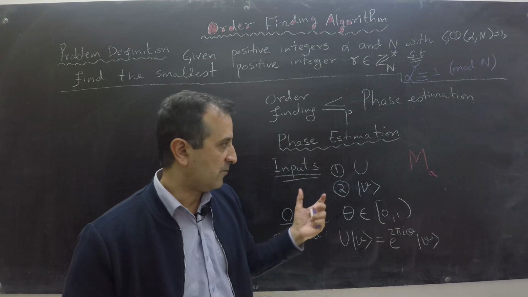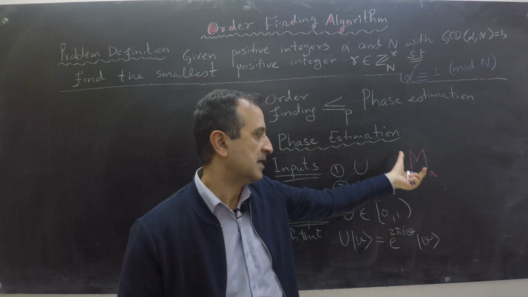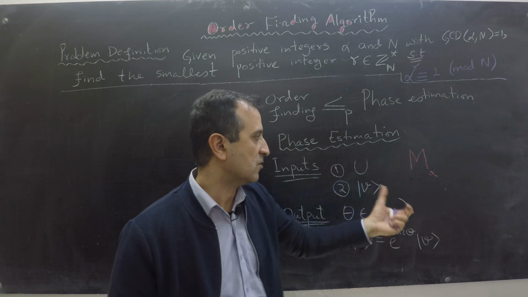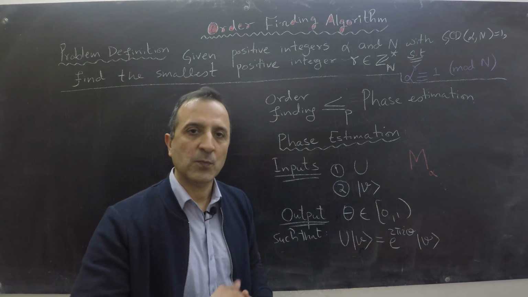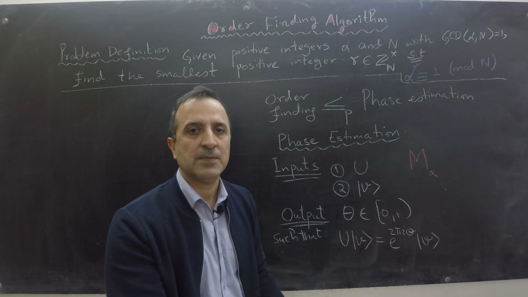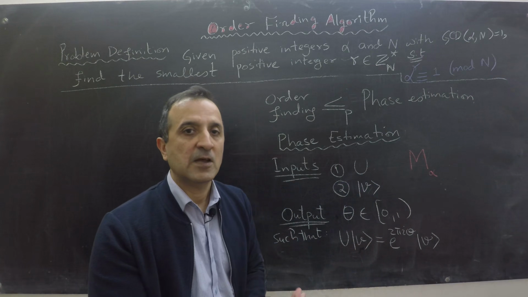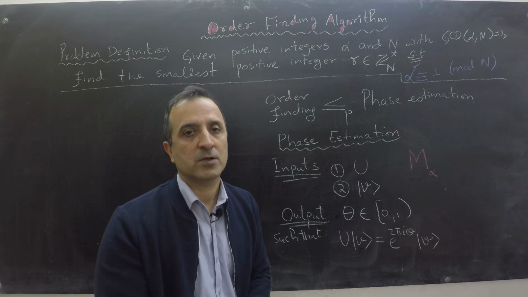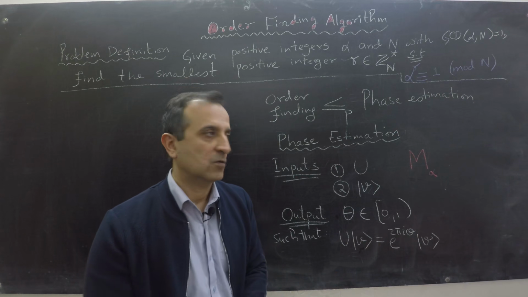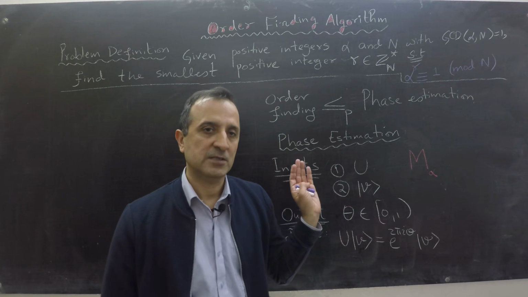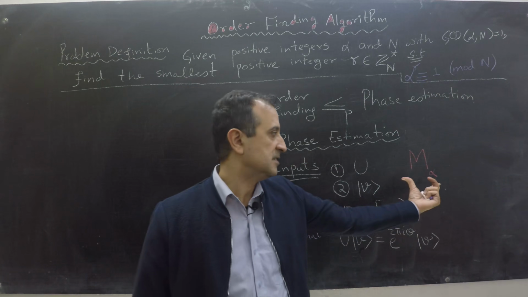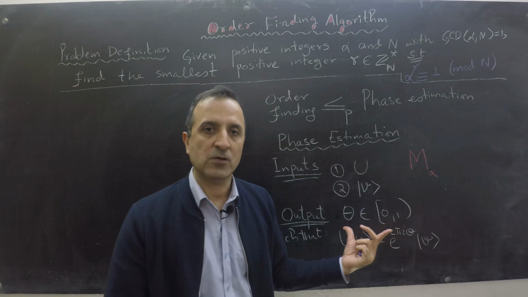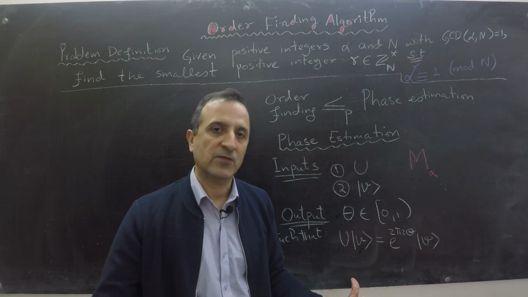So we will give that unitary matrix and its eigenvectors as input to our phase estimation. The phase estimation will provide us the order r on our output. So let me clear the board first, and then we will discuss this unitary matrix, its eigenvectors and eigenvalues, and see how we can proceed further.